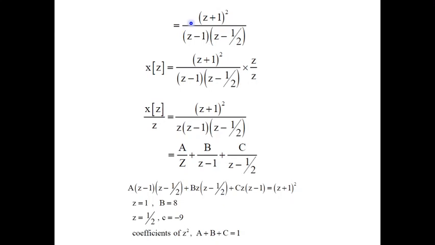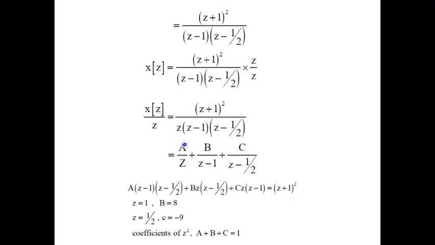Hence, in order to reduce the numerator degree by 1, we multiply and divide the numerator and denominator by z. After that, take this z to the other side. So we get x of z equal to z plus 1 the whole squared into z minus 1 into z minus 1 by 2. Now the degree of the numerator becomes 2, whereas the degree of the denominator becomes 3.